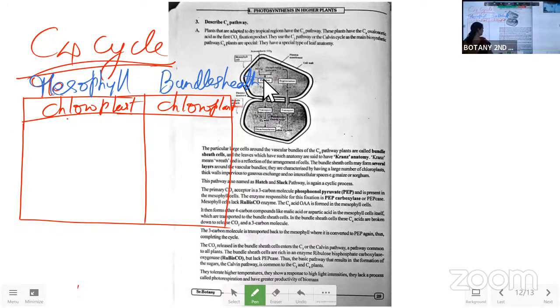The first one which starts this cycle is PEP, phosphoenol pyruvic acid.